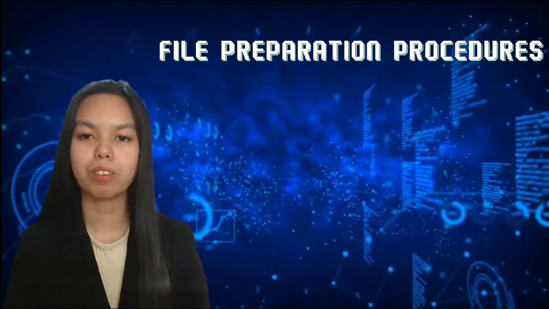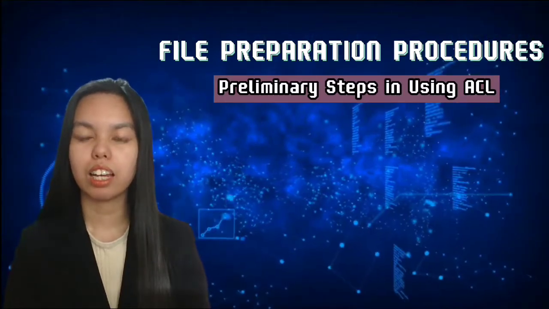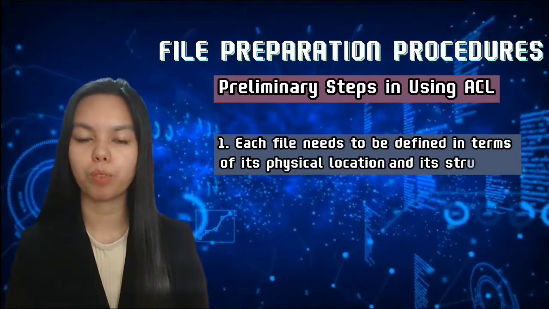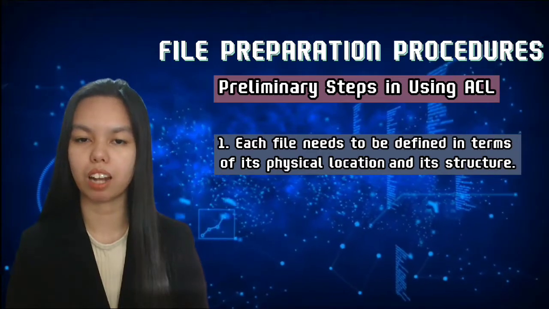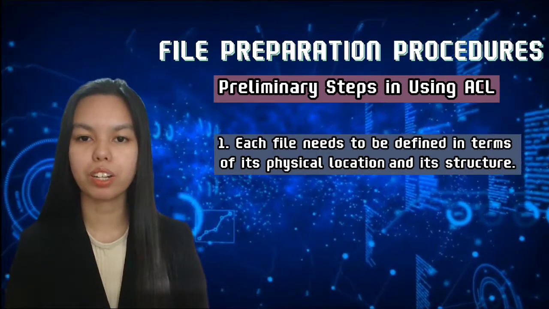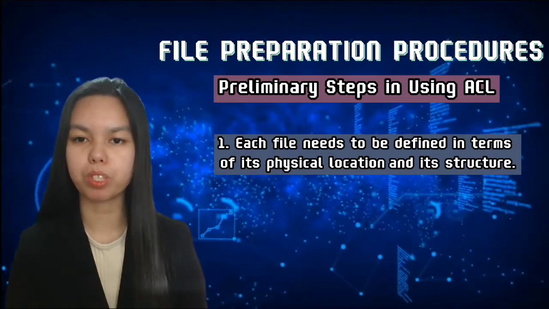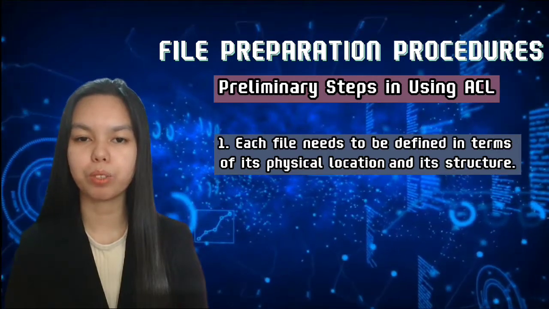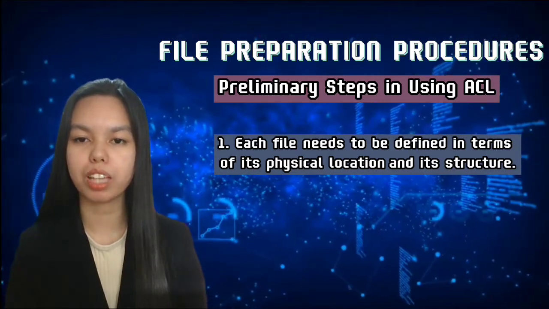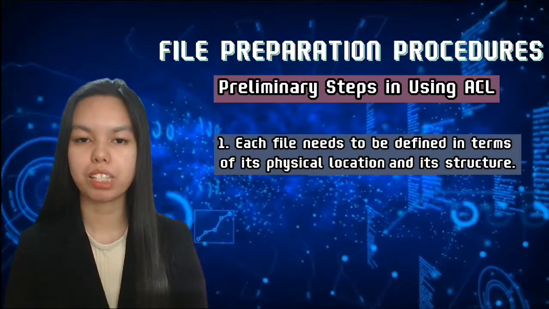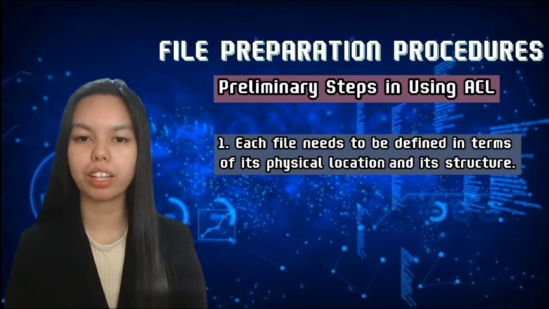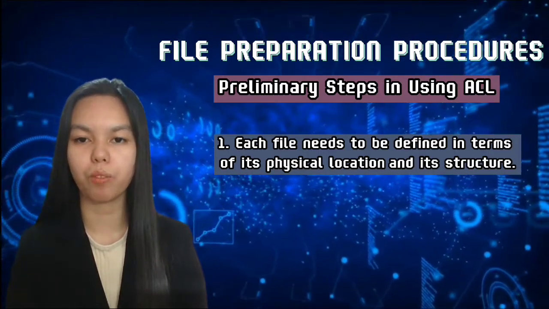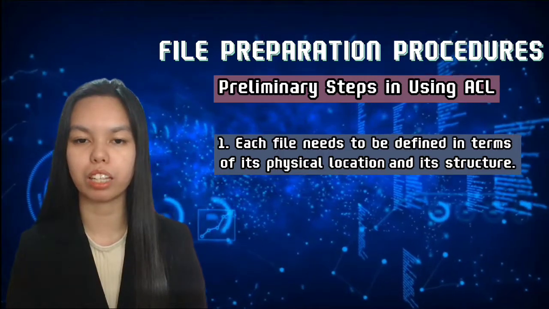As a primary step in using ACL, each file needs to be defined in terms of its physical location and its structure. Through a series of easy-to-use pop-up menus, the ACL Data Definition Wizard allows the auditor to specify the name of the file, specify its location, and define the file structure in terms of the length of each field and the data type contained in each field.